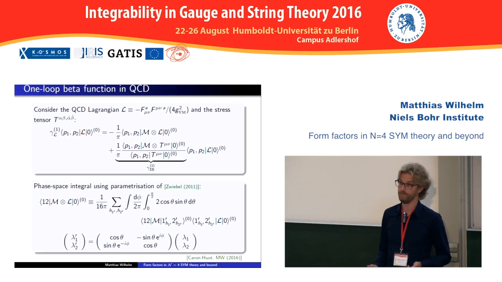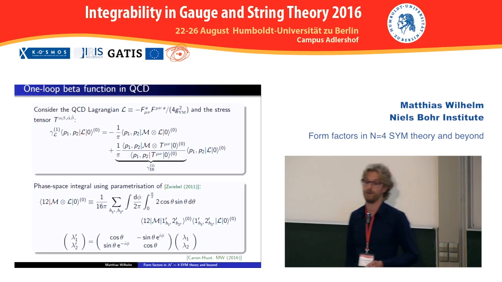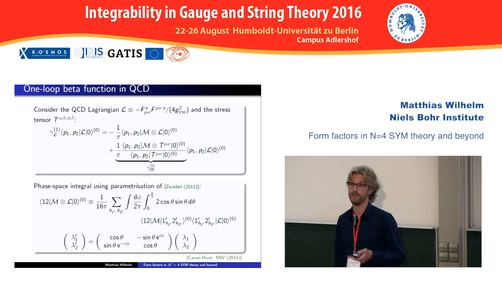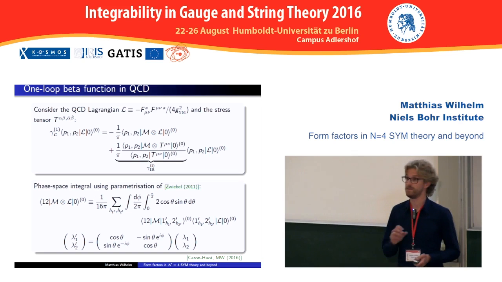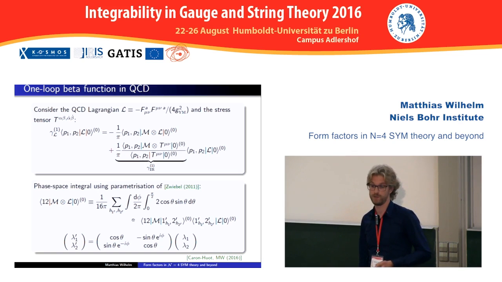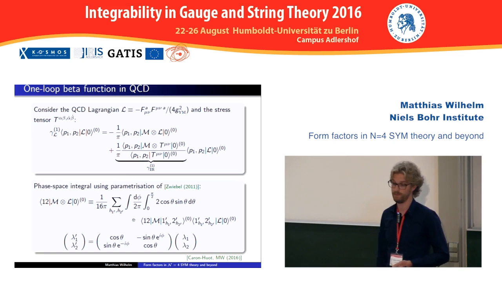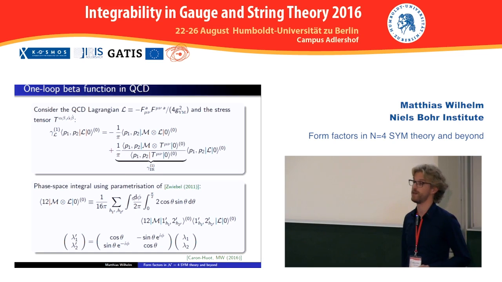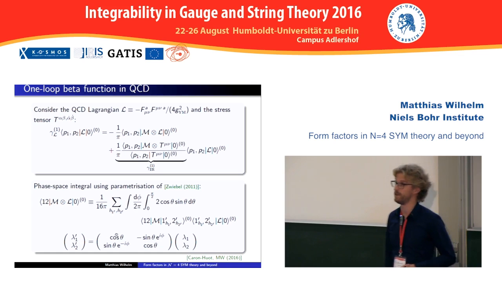At one loop order, the beta function contribution drops out, and we can obtain the universal infrared anomalous dimension from the requirement that the stress tensor T is protected. The product of the S matrix and the form factor is simply given by this two-particle phase space integral, and in order to parameterize it, we use a rotation of the spinor helicity variables lambda, which was already given in Zwiebel's work.